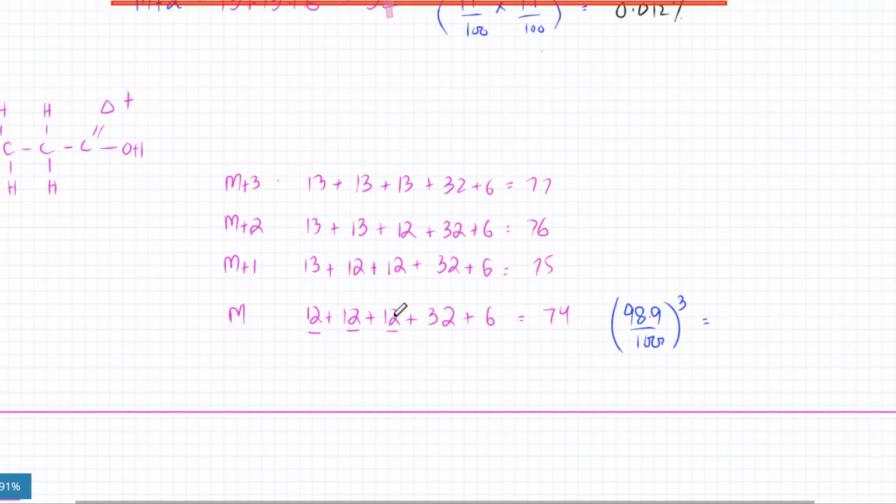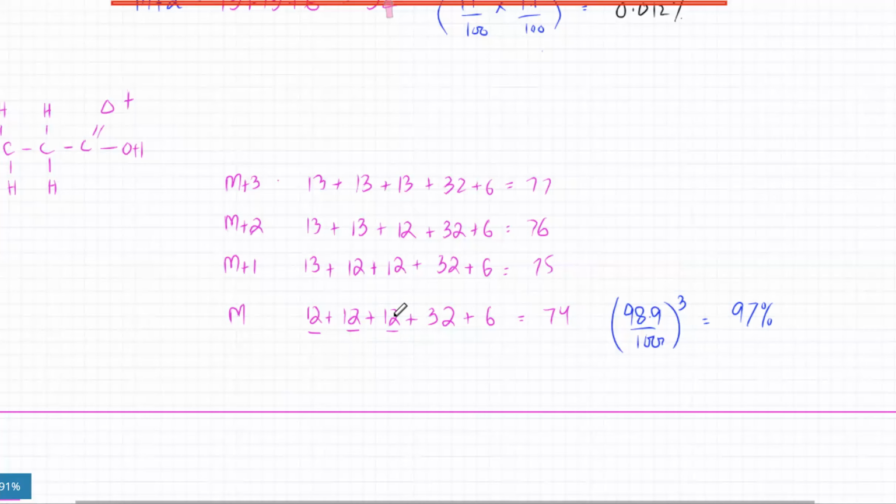This other one is also 98.9%. So kitna banta hai? What's 98.9 divided by 100? Kya hai? 0.967. Which, if you multiply it by 100 to get a percentage and round it up, is approximately 97%, right? Is that clear?